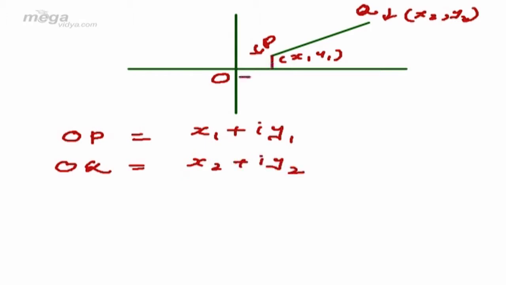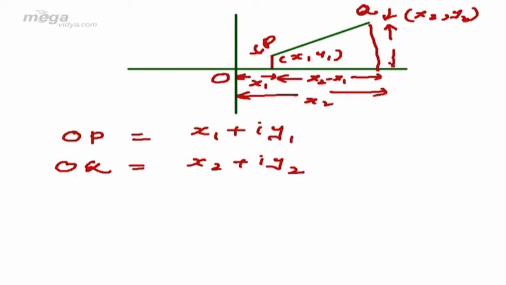So this distance is x1 and this distance is x2. So the distance will be x2 minus x1. Similarly, this distance will become y2 minus y1.